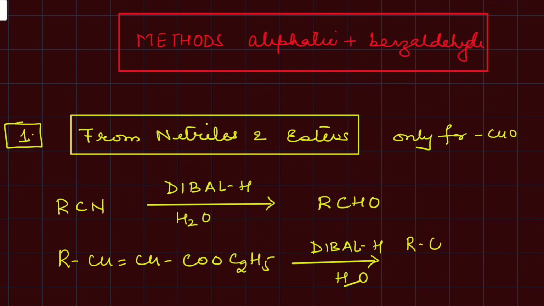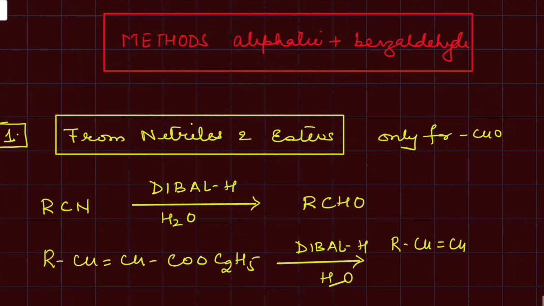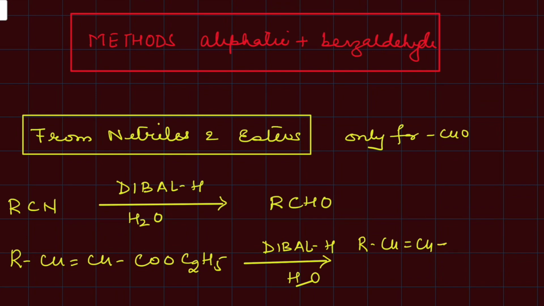Now DIBAL-H is unable to make any difference on a double bond, but with esters and nitriles, it will convert the acid part directly to aldehyde and the CN part also to aldehyde, and here we get C2H5OH as byproduct because the alcohol part remains unaffected, but the acid part gets reduced to aldehyde.